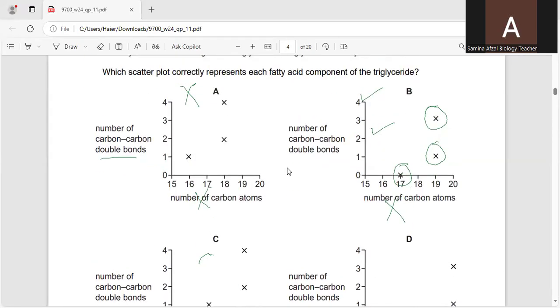So according to this information, our correct option is B, with zero double bonds in chain 1, one double bond in chain 2 and three double bonds in chain 3. So A, C, and D are incorrect options. Only B is the correct option.